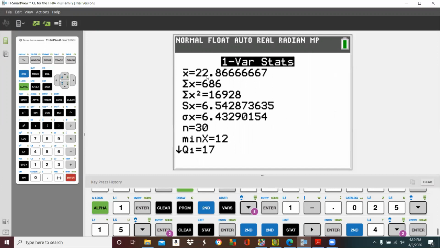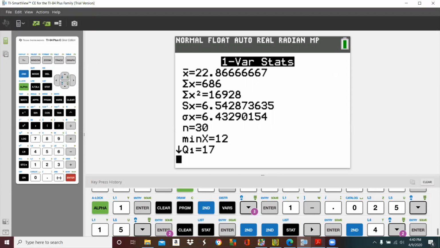And so the mean of that sample of 30 times is 22.867 if we round it to 3 decimal places. Now, since they're giving us the population standard deviation in the problem, we will not use S, the sample standard deviation. It's always preferable to use an estimate of the population standard deviation. So if they give it to us, we definitely use it. Okay?